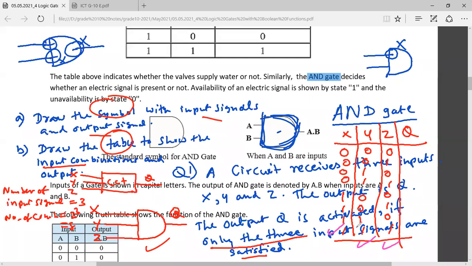Here it is satisfied. So only this combination is satisfied. So here it will be 1. All the other locations, at least 1 is 0. So because of that, these things will be 0. Right. Is it clear for you all? බලන්න එක තේරුණාද කියන එක? Okay.